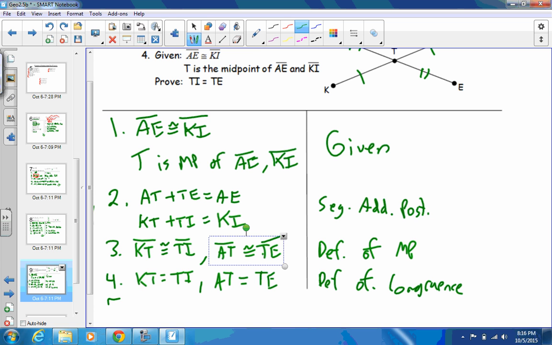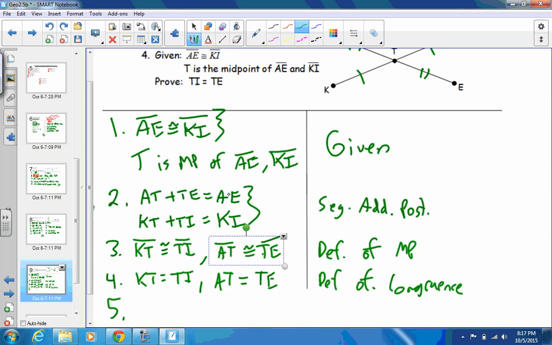All right, let's see where we're at here. We haven't gotten to TI equals TE yet. Well, you know what? I don't know if we needed to state that at all, because look at step 2 and step 1. If we know that AE is congruent to KI, and we have AE and KI, why don't we just substitute in and say that these two right here are equal to each other?